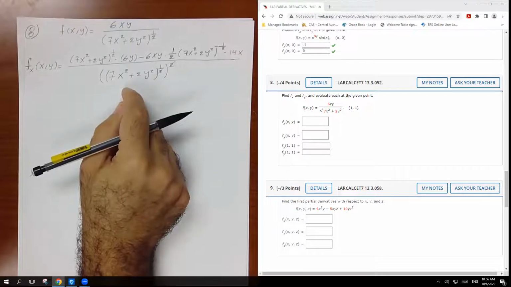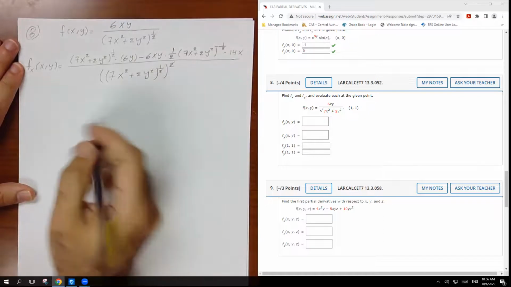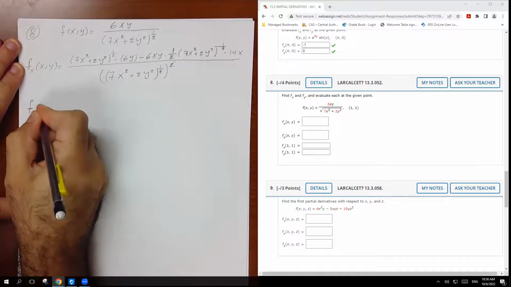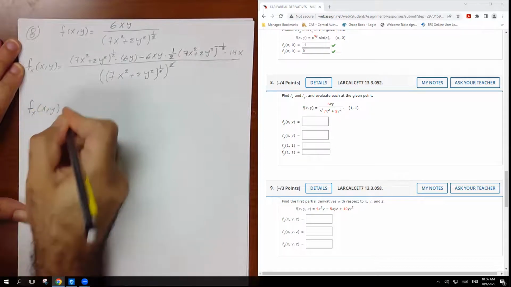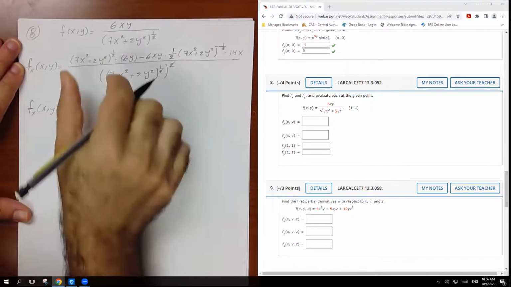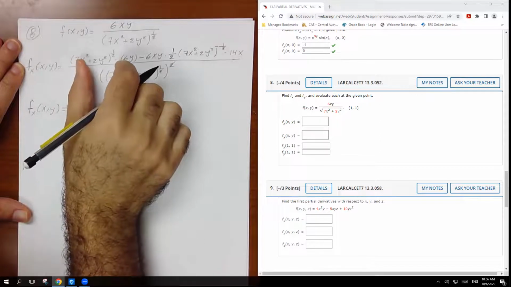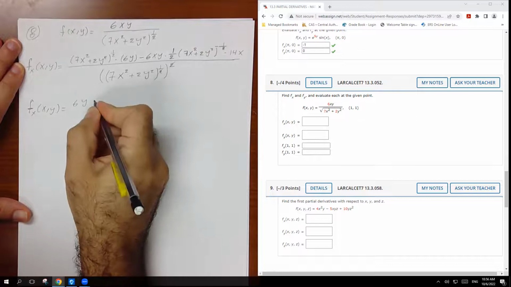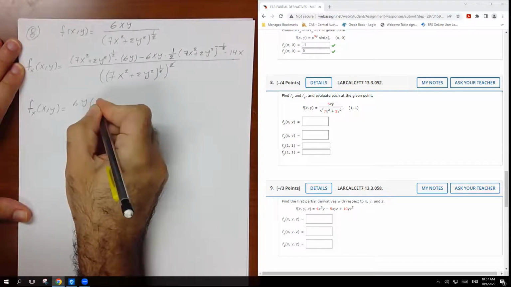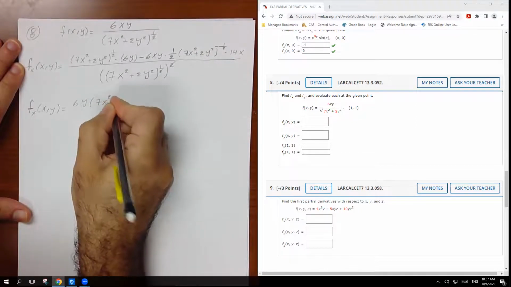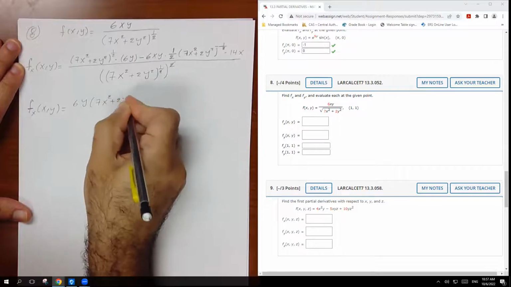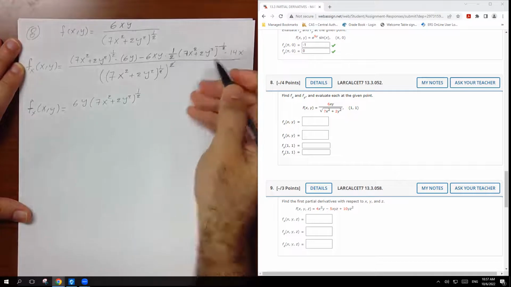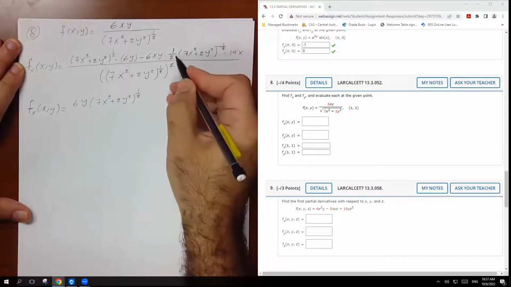Now, the next part, I'm going to simplify everything here. So f sub x of x, y is going to be equal to, I'm just going to keep this one as a half, so it's going to be 6y times (7x squared plus 2y squared) to the half. And here we can simplify this one with this one.